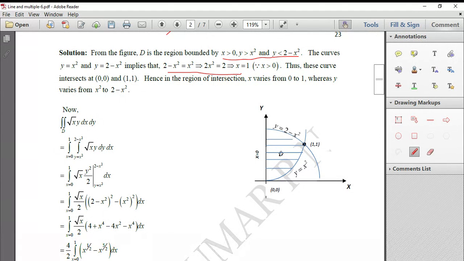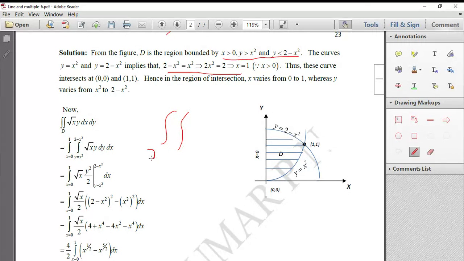Now, as I said, while writing the limits for x and y, we have to make one of the variables take only constants and the other one take the varying limit. Now, here two limits are there.